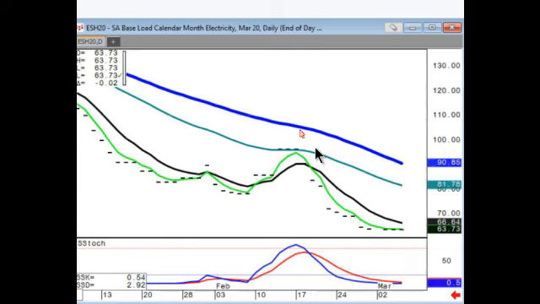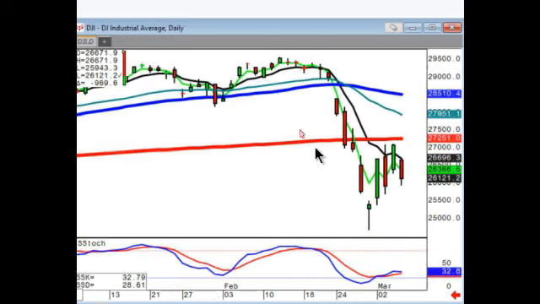The definition of a morning star signal. Which ones did it? Oh, the Dow did it. A morning star signal is one of your 12 major signals. This should be your basic learning.